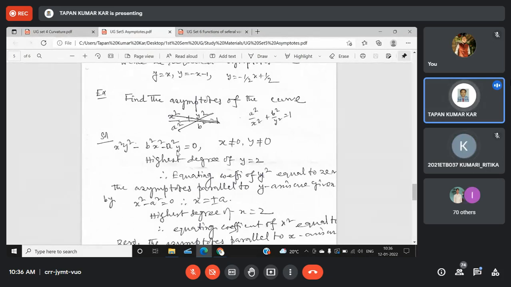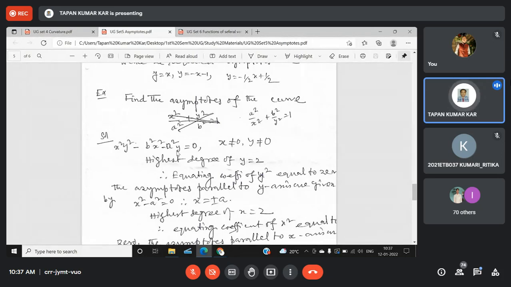So y square minus b square equal to 0, that is y equal to plus minus b. So x equal to plus minus a, these are two asymptotes parallel to the y-axis. Y equal to plus minus b, these are two asymptotes parallel to the x-axis.